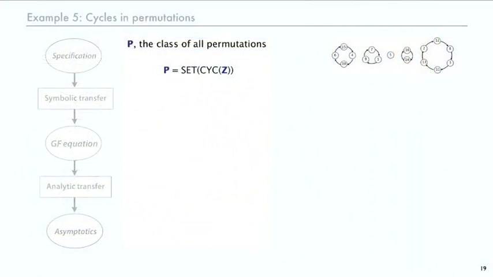So our construction is: a permutation is a set of cycles. So that immediately translates to e to the log of 1 over 1 minus z for the cycles, e to that power for the sets, xlog.